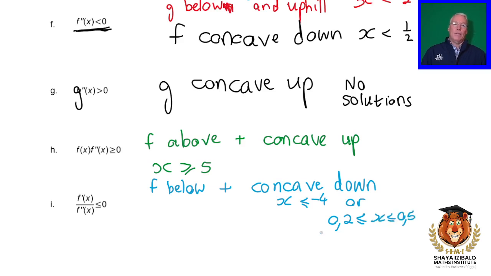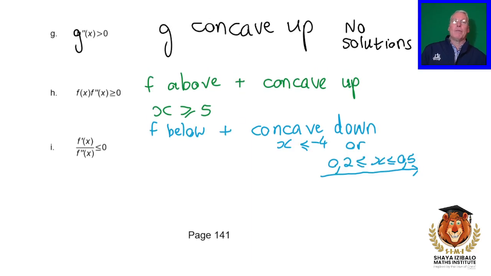Okay, right, now let's take a look at this last one. This one is a fraction. Now just be careful. A fraction is 0 when the top is 0. The bottom may not be 0. So we can't include the point of inflection. But a fraction is just like a product in the sense that to get a negative result, we either need a positive on the top and a negative on the bottom.